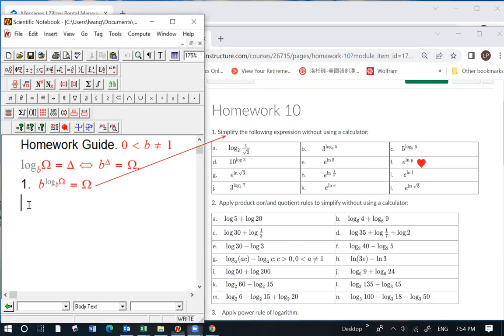Okay, let's look at number 2. Number 2 is about the use of quotient rule and product rule.